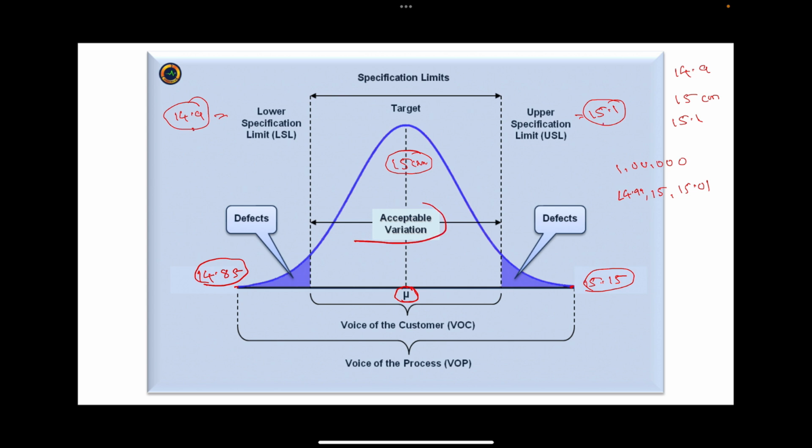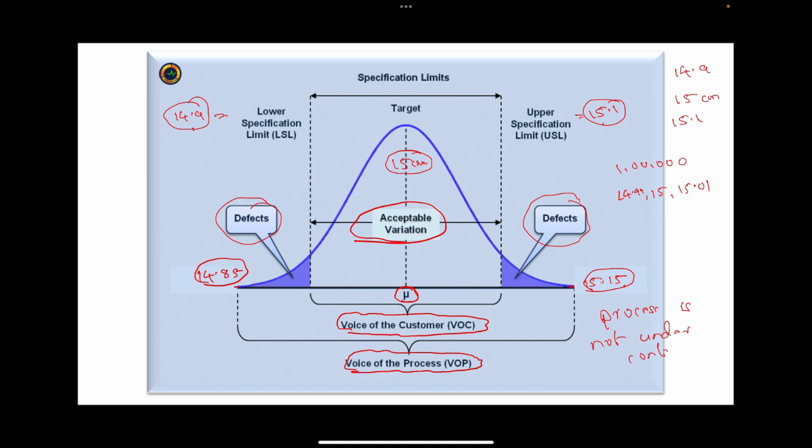This is the acceptable variation. That is why this is called the voice of the customer. The customer is ready to accept only between these limits. But the voice of the process produces goods up to 15.15 and 14.85. That means these are the defects that will be rejected. So the process is not under control.